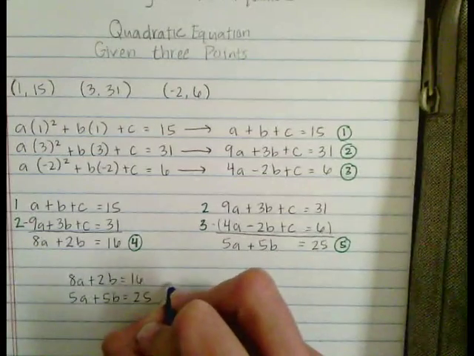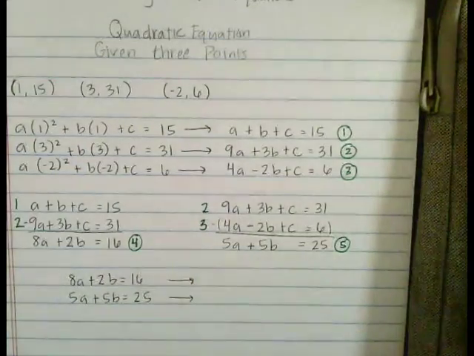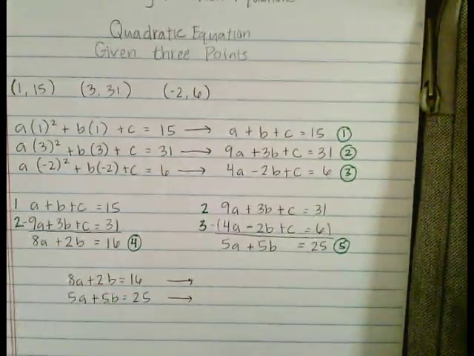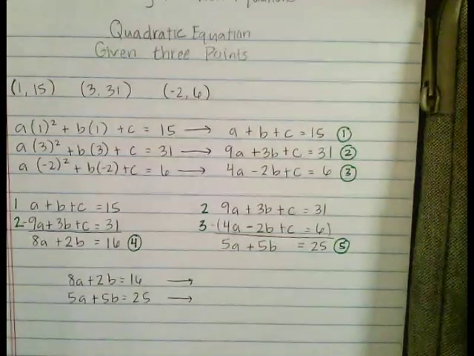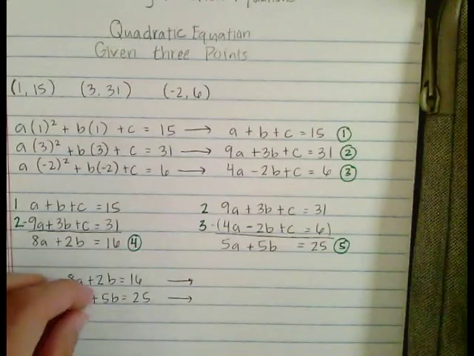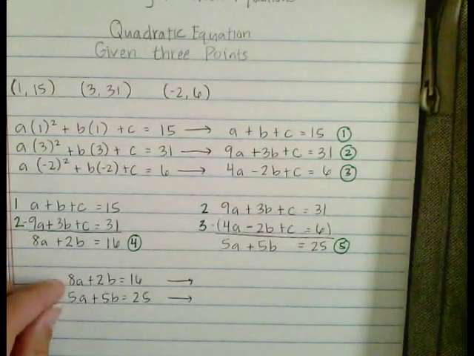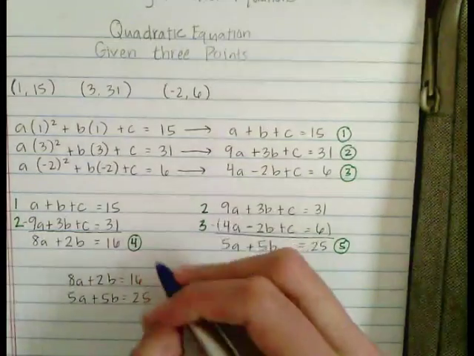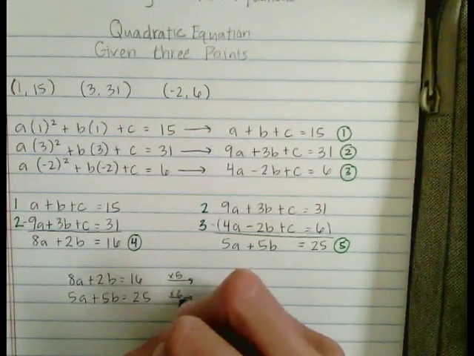Now you have to think about what you can do, because it's not pretty. I like to compare it to having common denominators, because really that's what you're doing. You're trying to find those common factors between these two equations. So you're going to multiply this one by 5 and this one by 2.